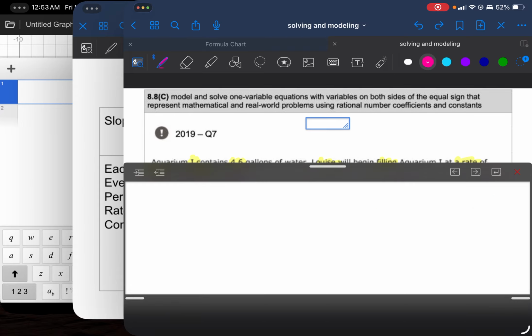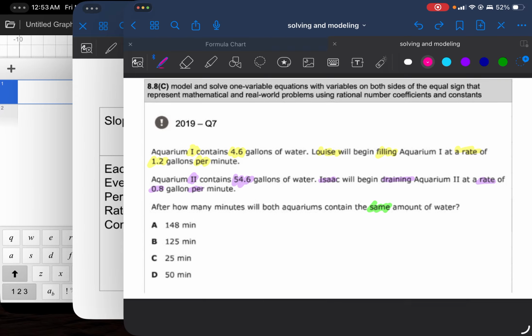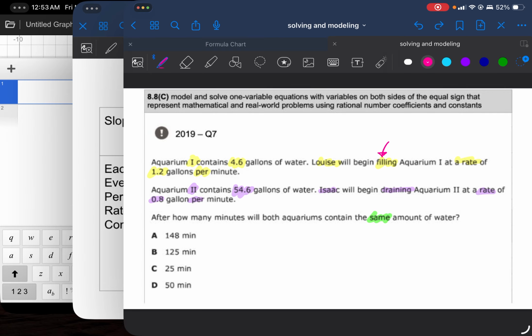So keeping that in mind, in this question, I see the word filling. Filling indicates plus. I see the word per, indicating my slope. The closest number to that word or that per is 1.2, meaning 1.2 is my slope.